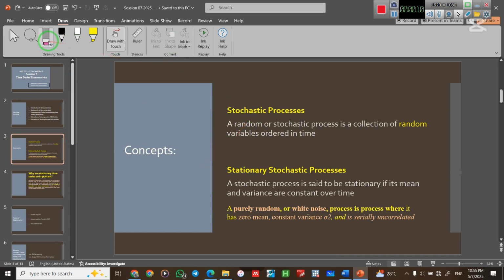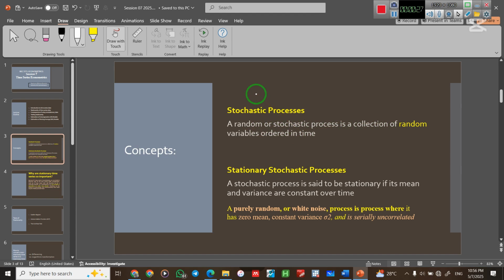The first concept that you have learned is the stochastic process. Simply, what is meant by a stochastic process? It says that a random or stochastic process is a collection of random variables ordered in time.